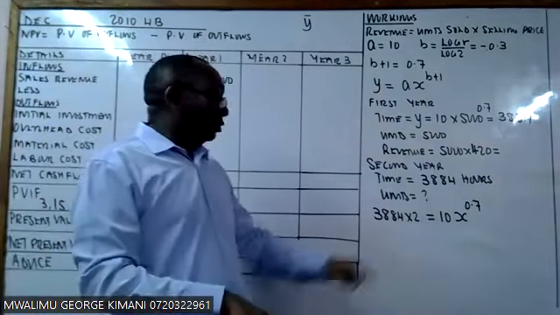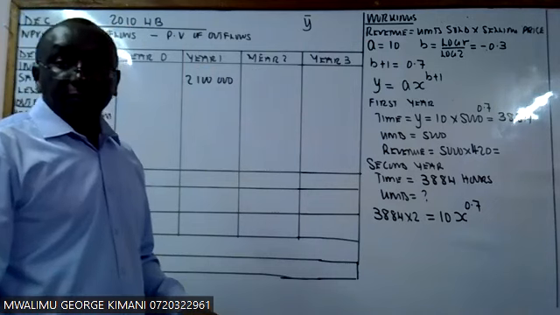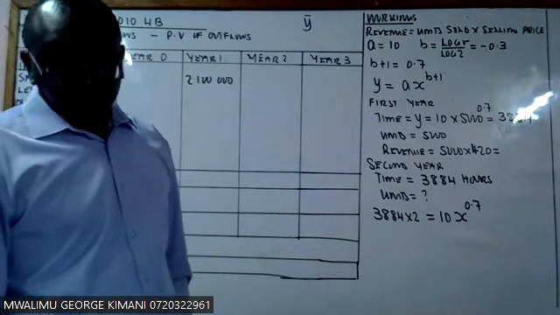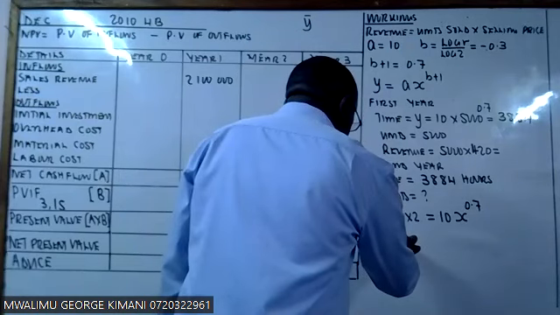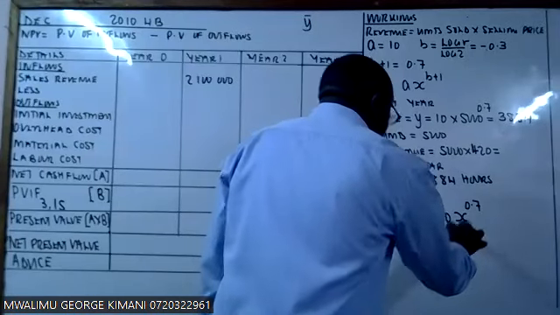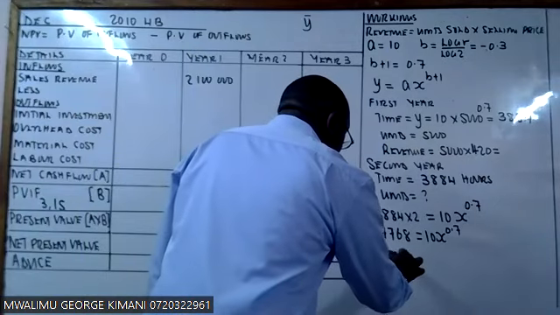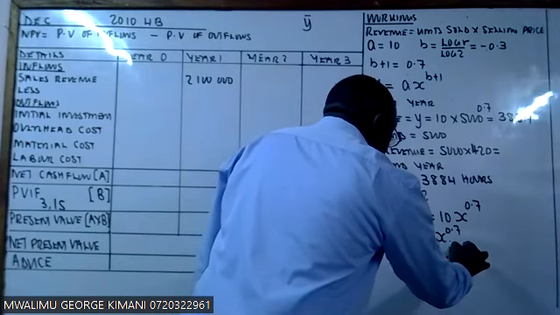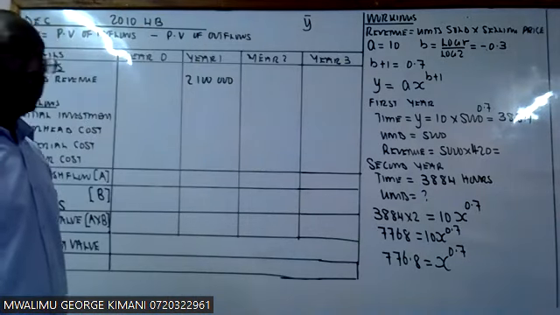So tell me this one, when you multiply by 2, you are getting what? 7768 equals 10x raised power 0.7. So this one proceeds to become 776.8 is equal to x raised power 0.7.